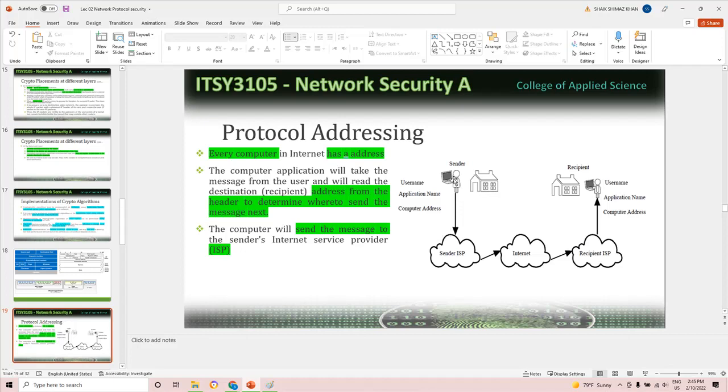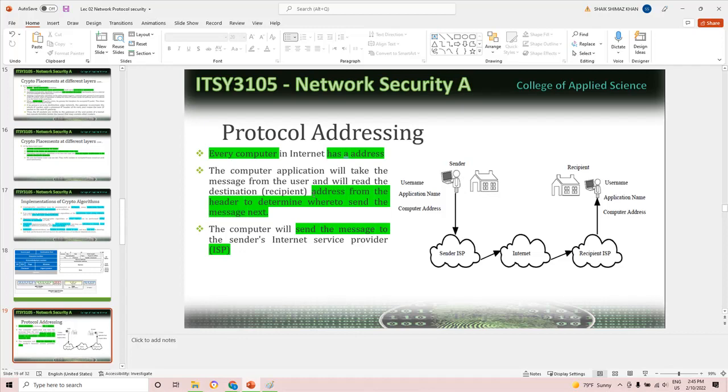When you have a network connection, please understand, you will get an IP address. IPv4 and IPv6, there are two types of address. IPv4 means 32 bit, IPv6 means 128 bit. Every computer in a network has an address, so when we connect with the network, we get an address.